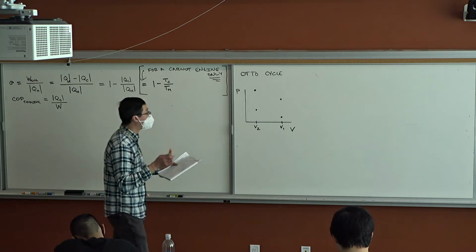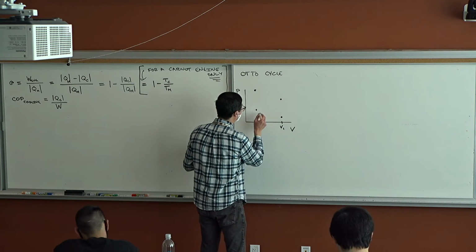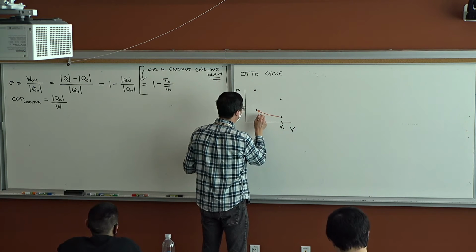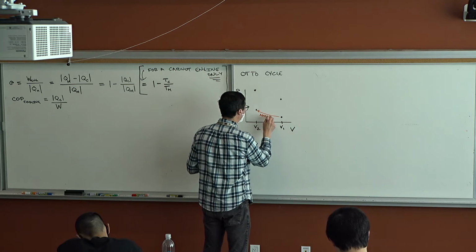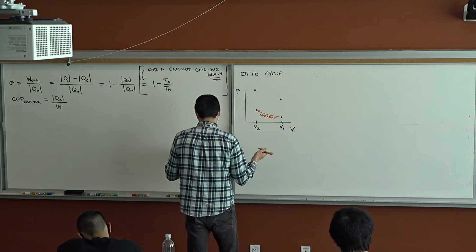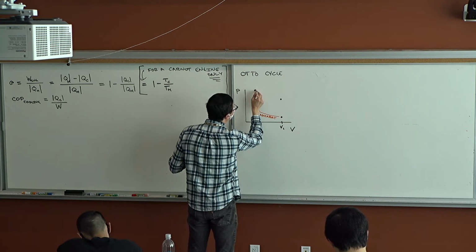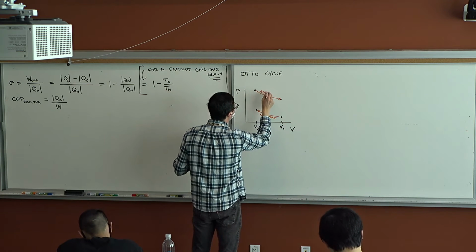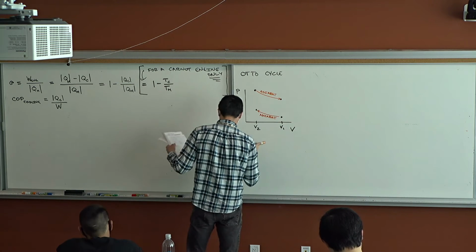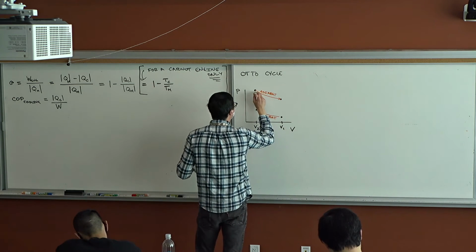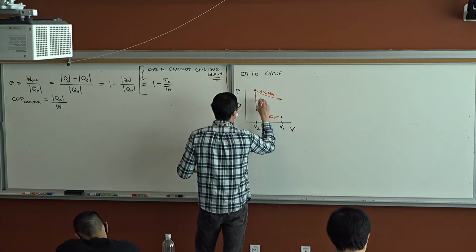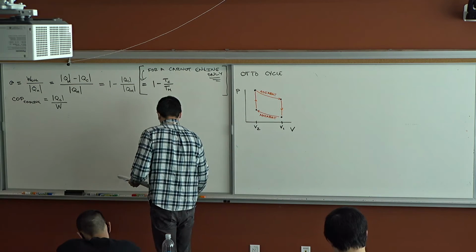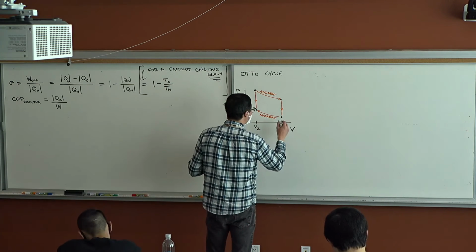Sadly, you've seen my worst. So we're going to connect a pair of adiabats by a pair of isochores. And I call these A, B, C, and D.